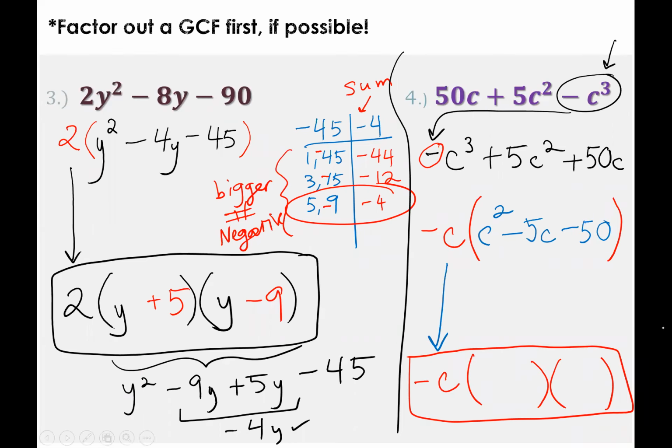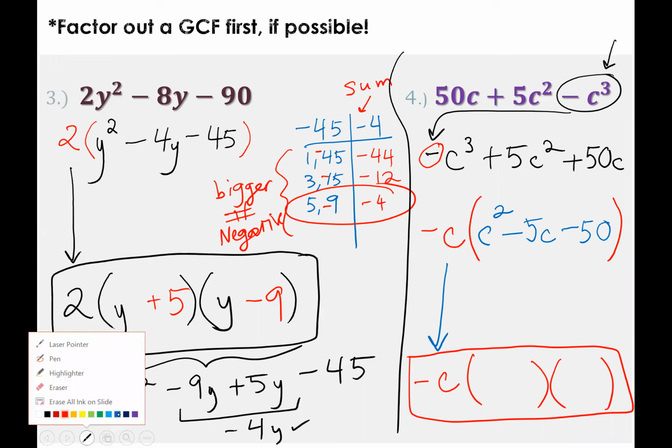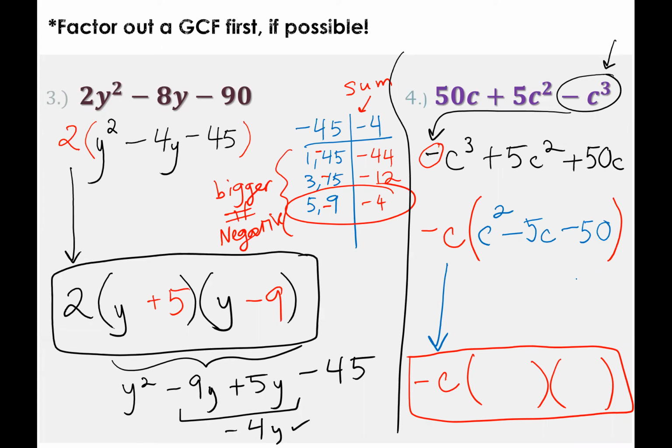Now we get to work on factoring the trinomial that's left over. c squared minus 5c minus 50. So I need factors of negative 50 to have a sum of negative 5.